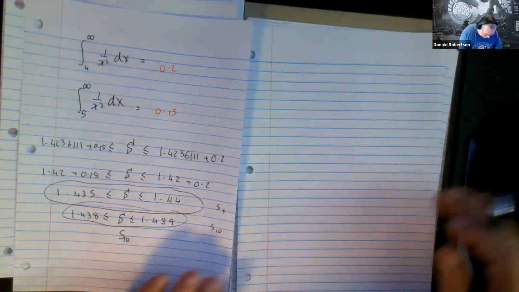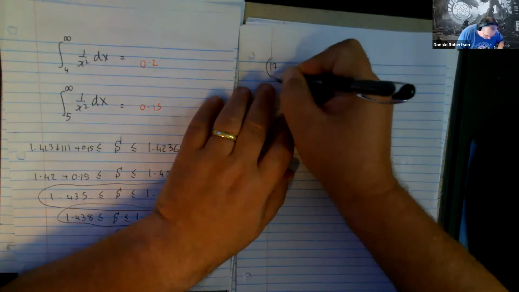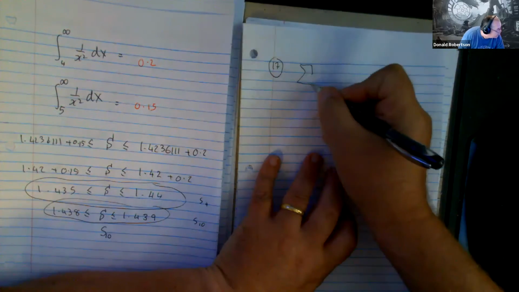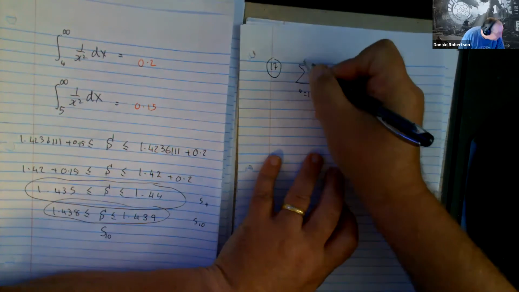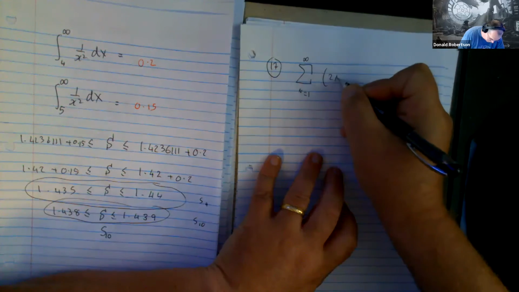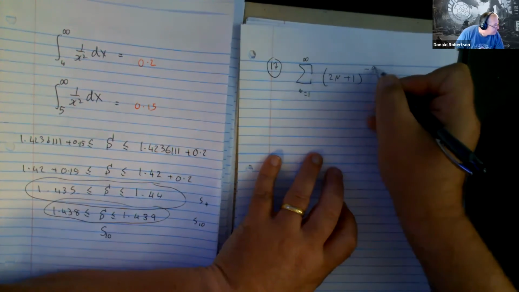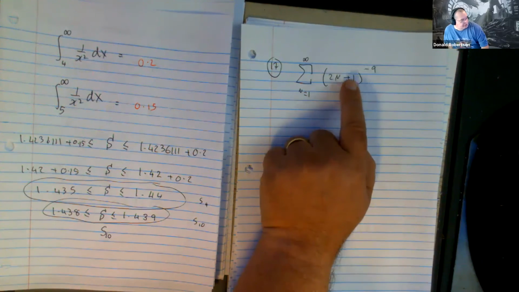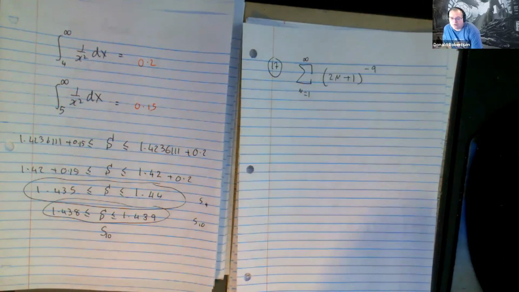So next question is 17. And question 17 has a guy that looks like this. And we have to estimate this guy correct to 5 decimal places. Since they're already telling me to estimate the answer, can we just assume that it converges? We don't need to prove it because the way the question is phrased, it's pretty obvious that it does.